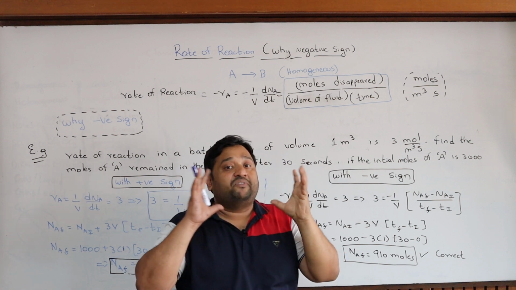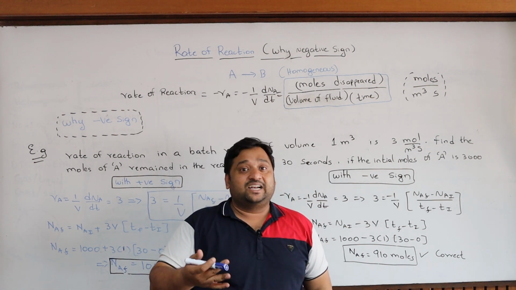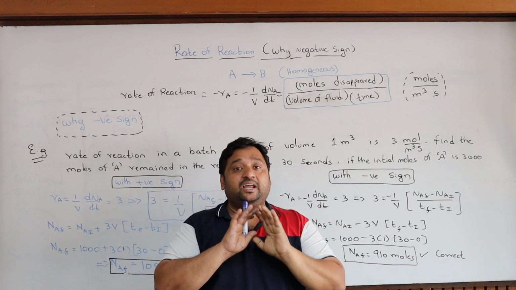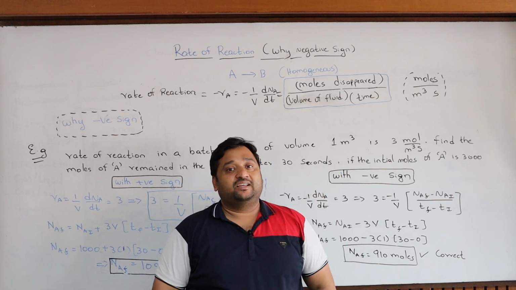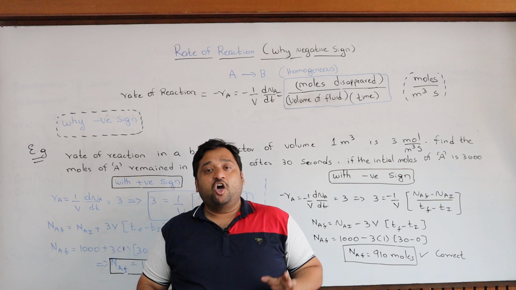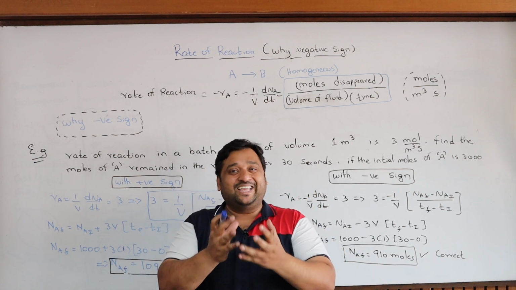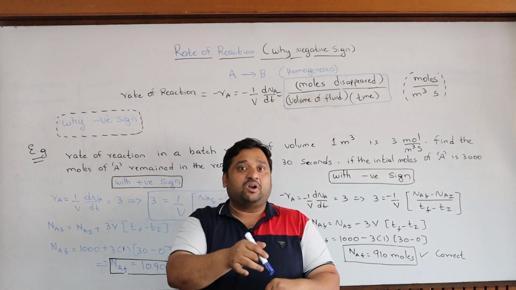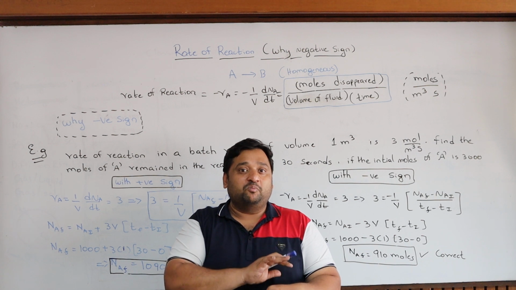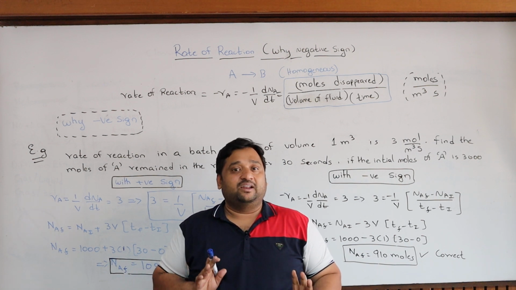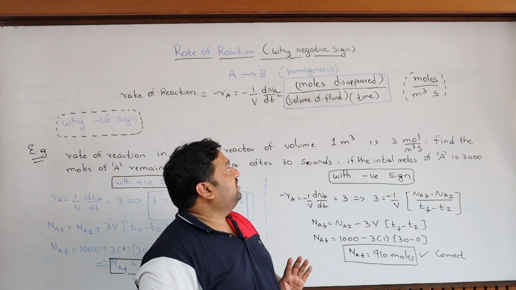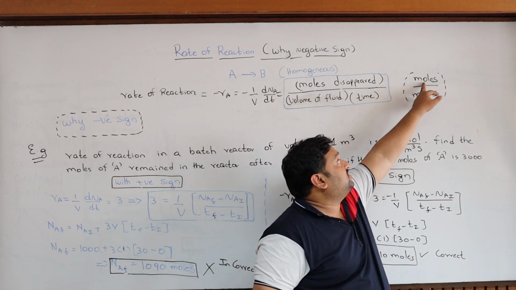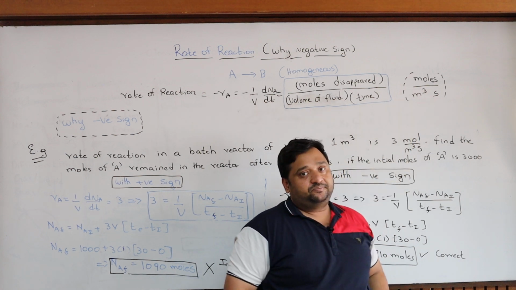How many moles of A are getting reacted in this particular reactor of volume V every second? How many moles of A are getting reacted in this 1 meter cube reactor every second? So that's the rate of reaction of A. That means the units will be moles per meter cube per second.